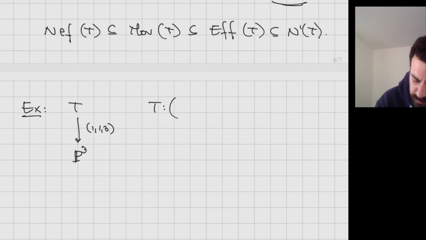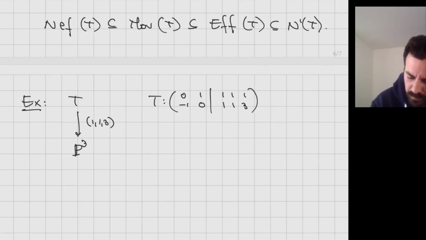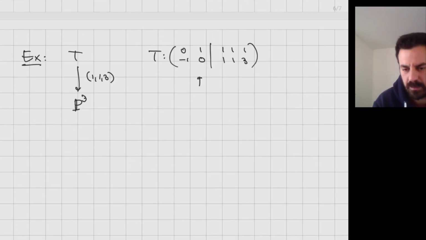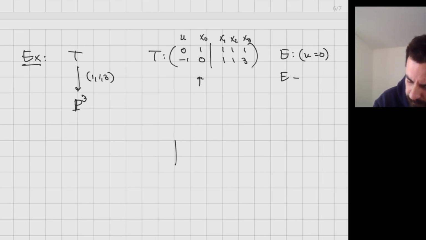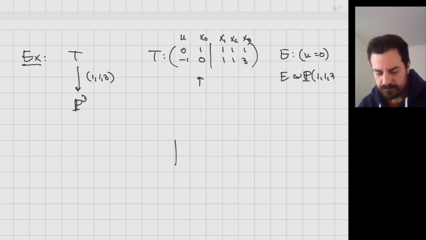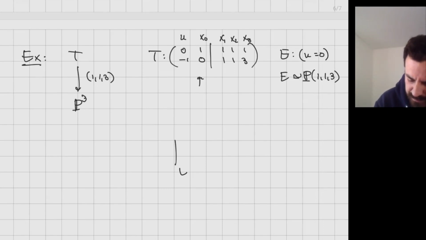So T was given by the matrix 0, -1, 1, 0, 1, 1, 1, 1, 1, 3. You can read off the cones from here. So this is U, x0, x1, x2, x3. Let me just say that the exceptional divisor is given by U equals 0, and it's isomorphic to P(1,1,3).